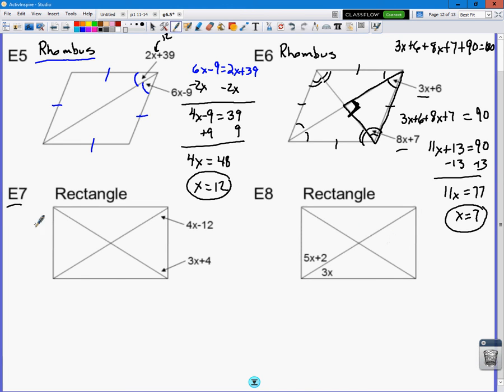In example 7, they told me that this was a rectangle. If it's a rectangle, I know that this is 90 degrees. What do I know about the diagonals? They're all equal and they bisect each other, so each one of these 4 pieces are the same.